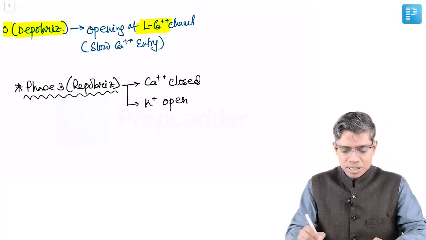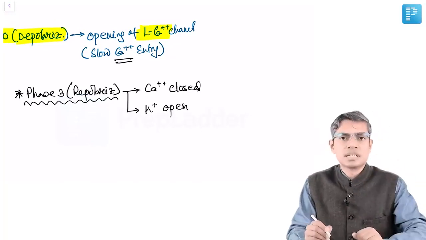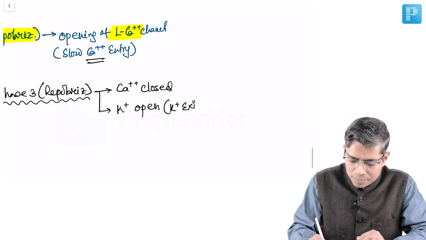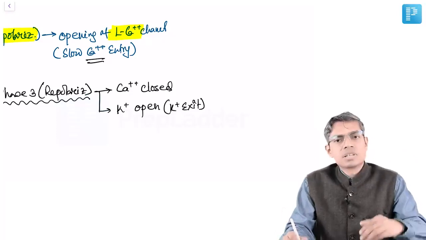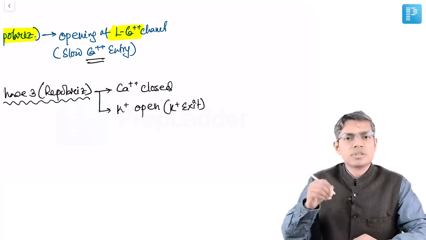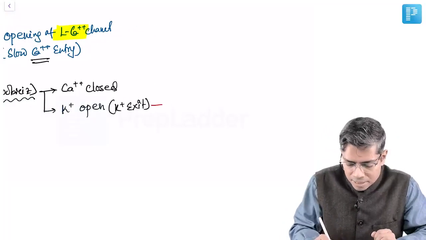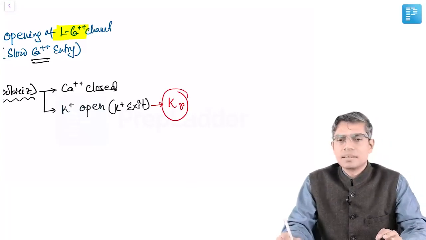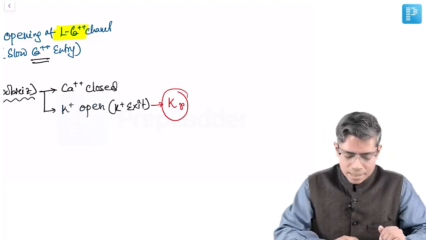Because the calcium channel which generated phase number 0 is closed and the potassium channel is open, obviously potassium is going out of the cell, more and more potassium exit. Potassium exit means the membrane voltage will return to baseline. Which variety of potassium channel? Again, the delayed rectifier type of potassium channel, that is the KR type of potassium channel, right? Because of this potassium exit, the membrane voltage is again coming back.